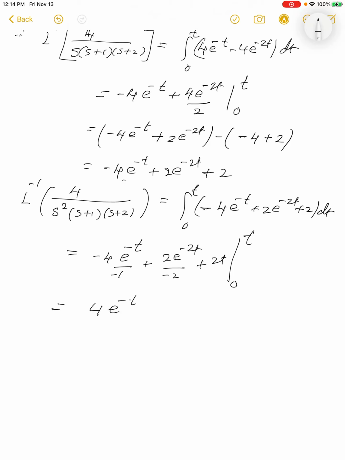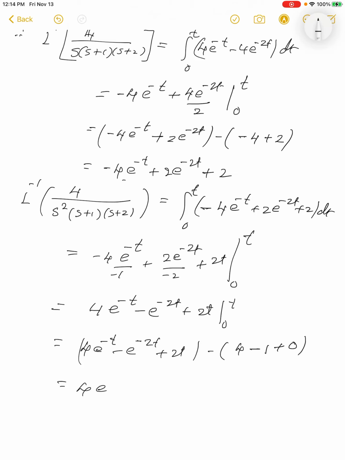Let me write this as 4 e to the minus t minus e to the minus 2t plus 2t between 0 to t. So this is going to be 4 e to the minus t minus e to the minus 2t plus 2t, minus the value at 0, which will be 4 minus 1 plus 0.